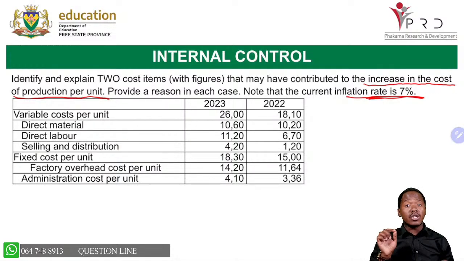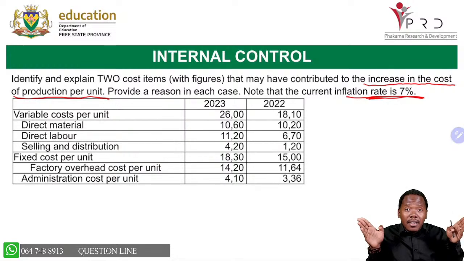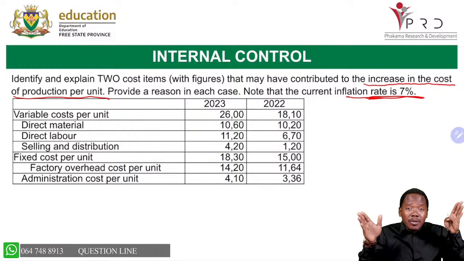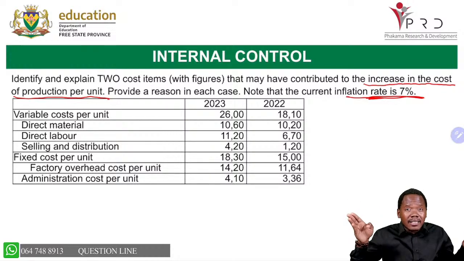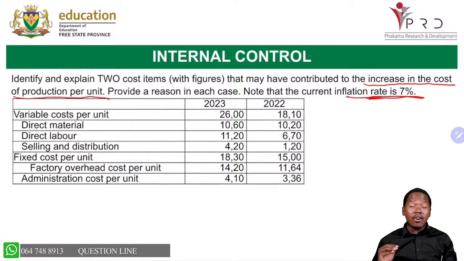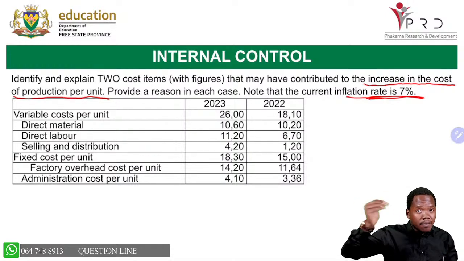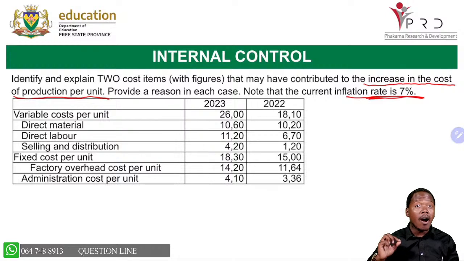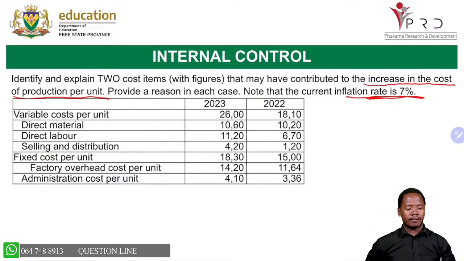We are trying to say to you that anything that is increasing between 0 and 7%, then that is not a worrying factor. Any cost increasing above 7% is now a worrying factor. That is what we need to quote.